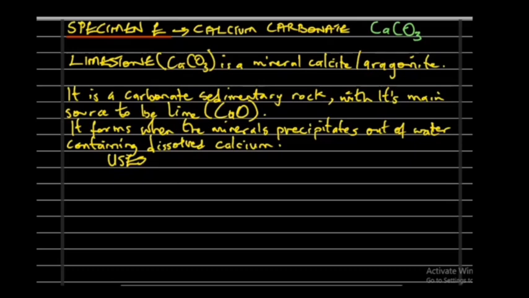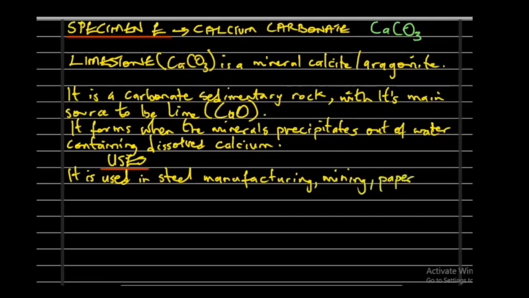Uses of calcium carbonate. Number one, it is used in steel manufacturing, also in mining, paper production, water treatment and purification, even in the production of plastic.